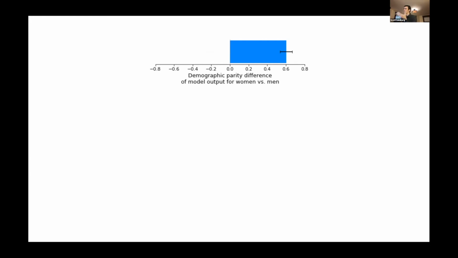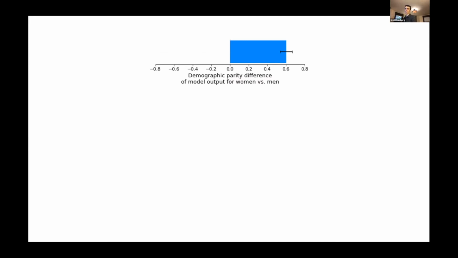Well, because we simulated the data, we know in this case that it's because we intentionally introduced an underreporting bias for women's income. Okay, just to see what would happen. And indeed, it did create a demographic parity difference when we trained a model on that data. Okay, so if for some reason you're just less accurate at getting women's income and you're biased, you're more likely to miss income sources for women than for men, then you're going to end up with this disparity. But that's really hard to get at just from this single number.